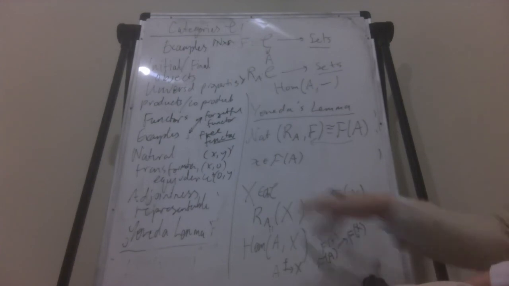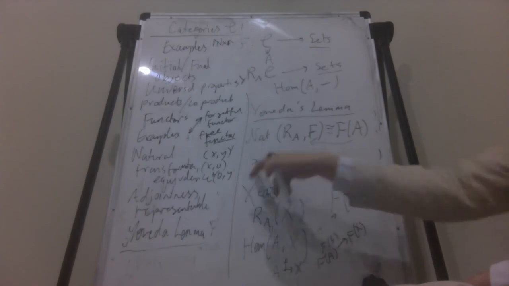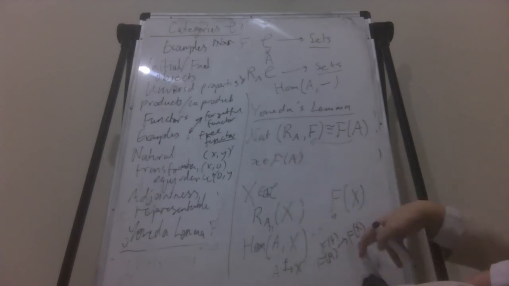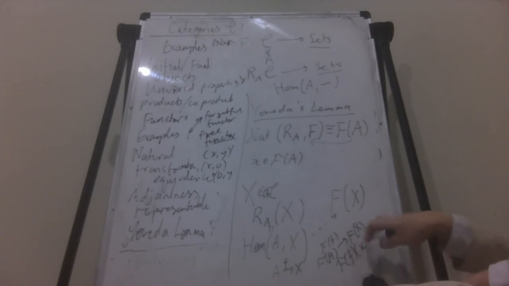But look, you have an element of the domain, yeah? So if you have an element of the domain, you can produce an element of the codomain by just mapping it through, yeah? So what you want to do is take the function and evaluate it at X, right?